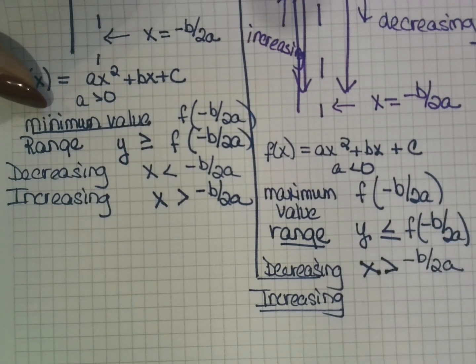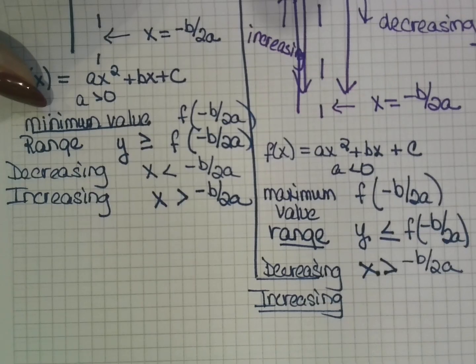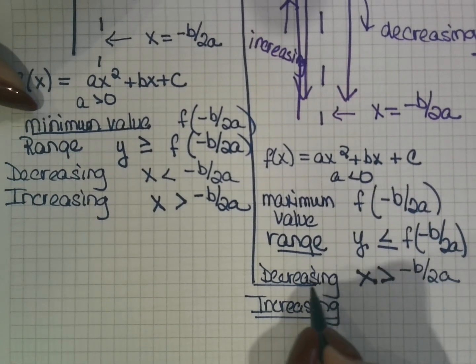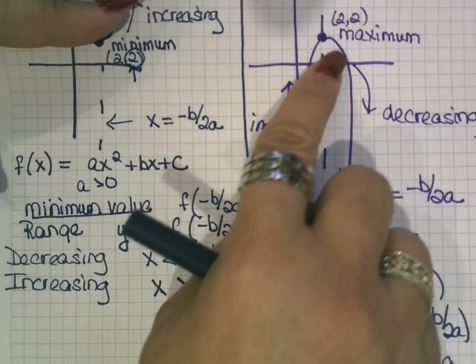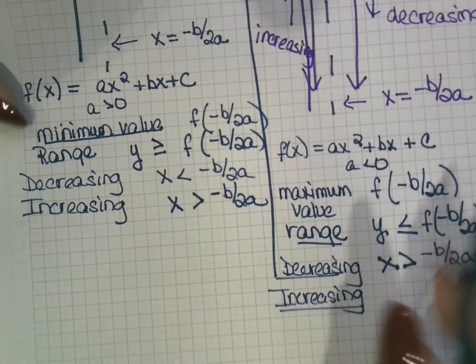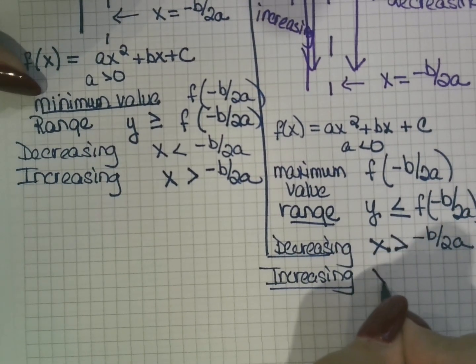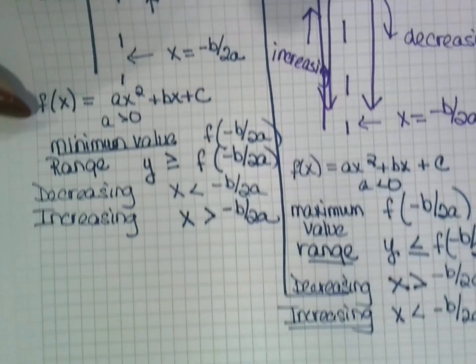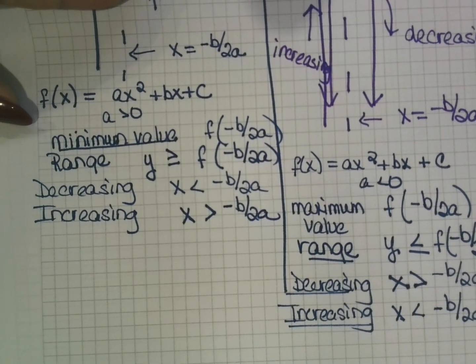Again, I think there's a mistake. Oh, no, I got it. It's correct. This part is correct on the notes. But just make sure you check, because sometimes I make mistakes. It's decreasing when x is greater than negative b over 2a, and it is increasing when x is less than negative b over 2a. It's over on this side, so it's increasing there. Okay?